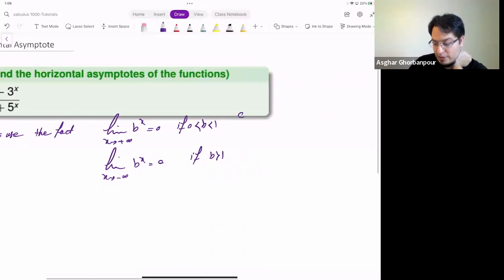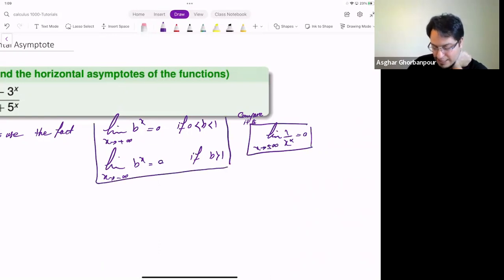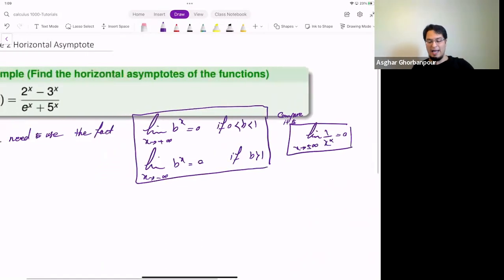Compare it to the limit of 1 over x to the power alpha, which is 0 no matter if x goes to plus or minus infinity.